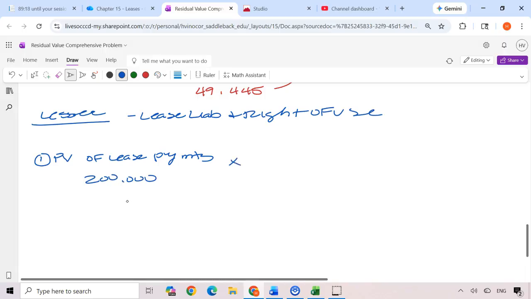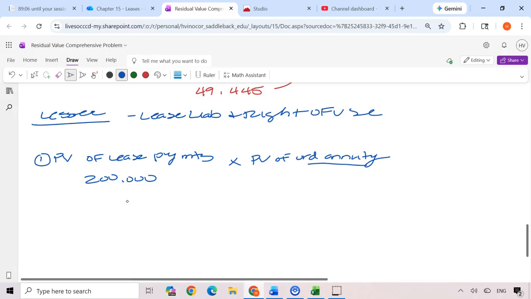The factor that I'm going to use is the present value of an ordinary annuity because we're told in the problem that the first payment of the lease is made at the end of the year. It's not made on the first day of the lease.